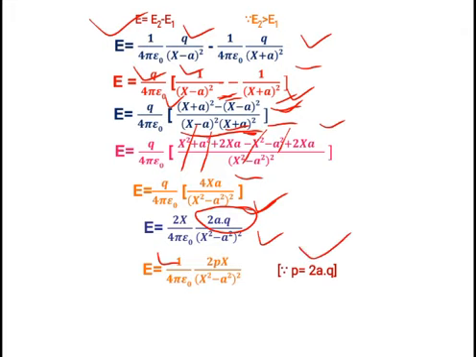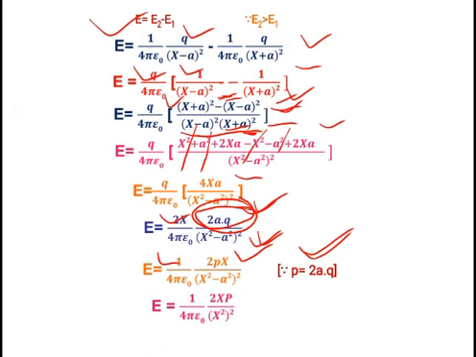We already discussed the dipole moment. It is the product of charge and distance, that is 2a. So 2a into q is the dipole moment. Instead of this value, we substitute p in the next step and 2x as it is. So total 2px, and the denominator as it is, that is (x square minus a square) raised to 2.